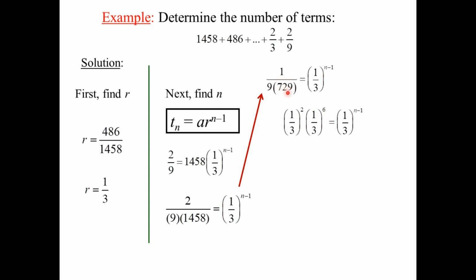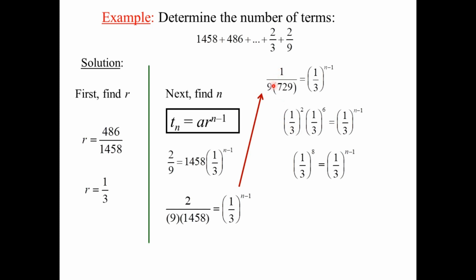So we can break this down into 3 to the 6, and break this down into 3 to the 2, and express it this way. And you'll see why in a moment. Now, when you multiply these powers of the same base, we'll keep the base, leave it alone, and add the exponent, 6 plus 2 being 8.